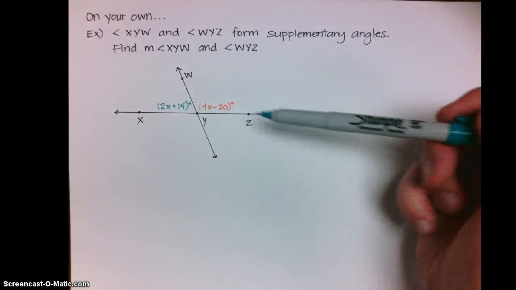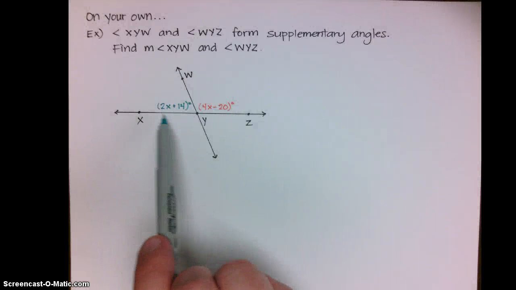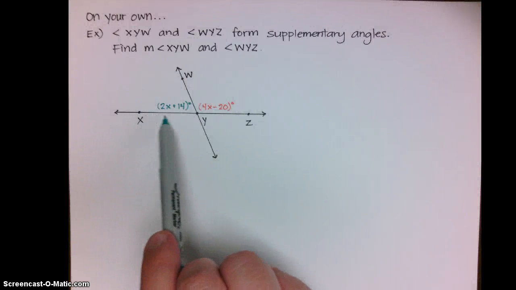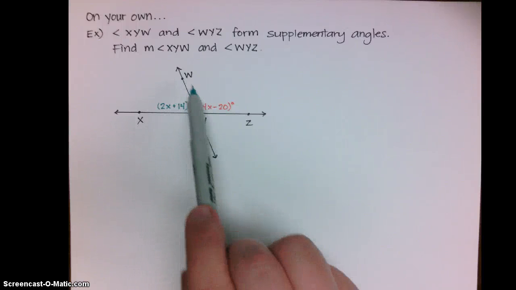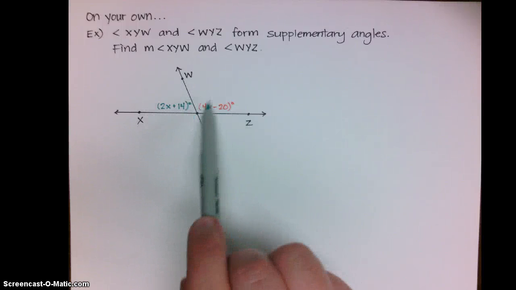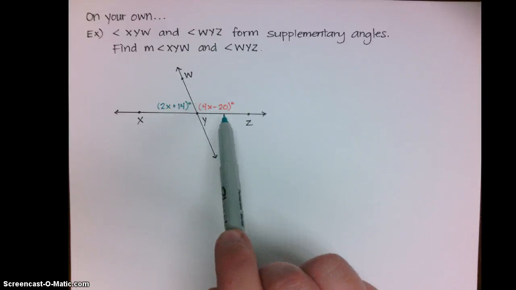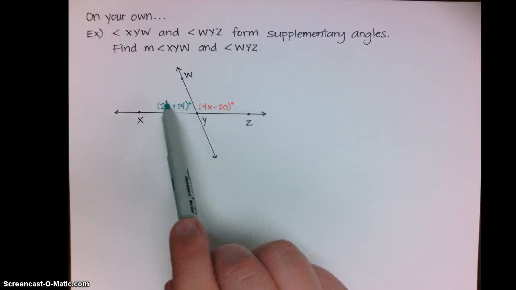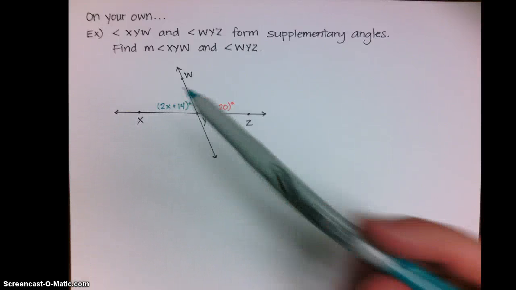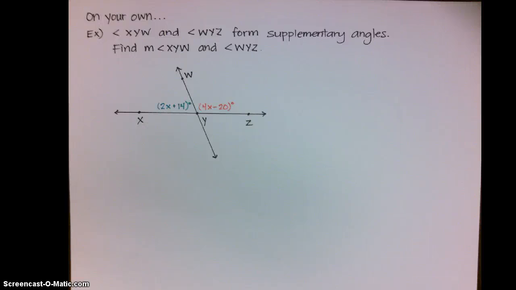So based on that knowledge, if I know that XYW is 2x plus 14, and if I know that WYZ is 4x minus 20, I want to find out what x is, plug it back into both of them to find their true angles. So go ahead and try that on your own. Come back with any questions that you have for class, and I will see you later.